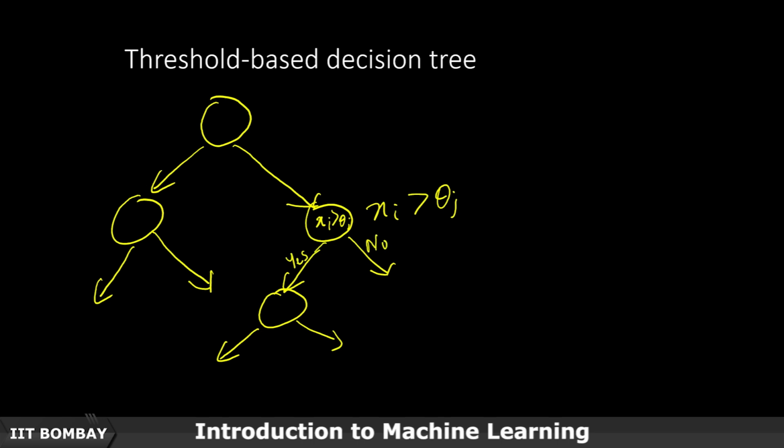Okay. So it's a binary decision at every node of the tree, whether it is a root node or any other internal node or a leaf node. Just that when we have the leaf node, what we will do is we will give the decision.